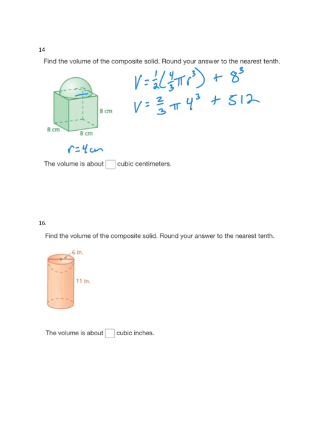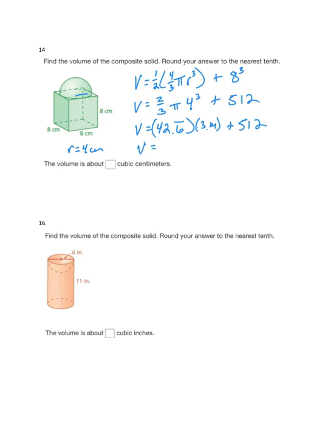Now I have 4 cubed is 64 times 2/3 is, let's see, it looks like 42.6 repeating times pi plus 512. And again, I'm going to use 3.14 for pi.